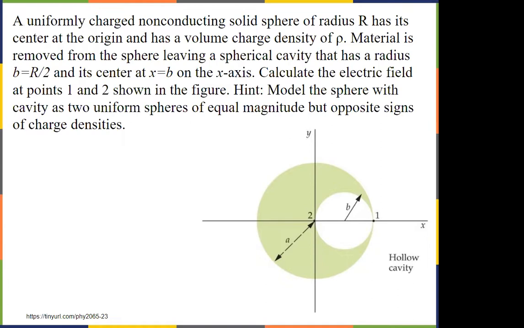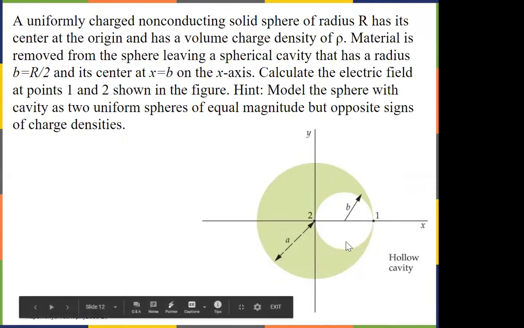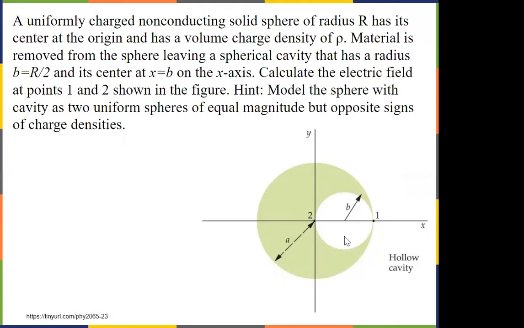Material is removed from the sphere, leaving a spherical cavity that has a radius of b equal to 1/2 of the original r. So this is a small sphere being cut out of the larger sphere. It's asking you to calculate the electric field at point 1 over here, and then at point 2 over there.